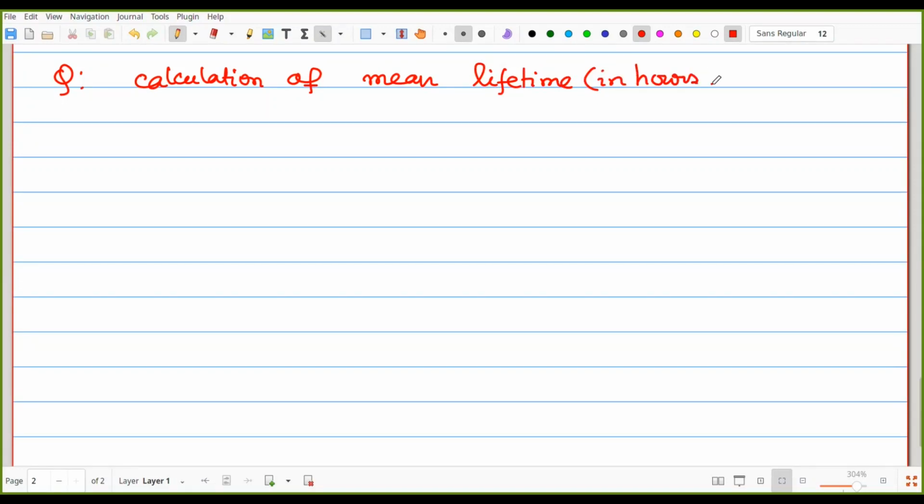Let us take another example: suppose a table has been given, based on the calculation of mean lifetime in hours for a frequency distribution.